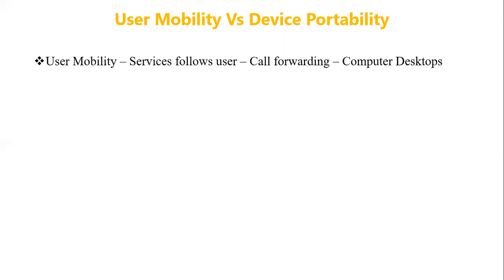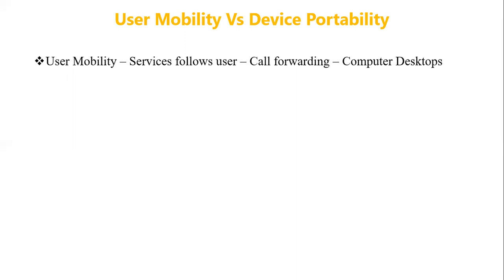So whether you log in at your home, or at your office, or elsewhere, the interface or the desktop that you are going to experience will be similar, irrespective of the place or time. So here, in spite of the user moving, the service is following him. So that is called user mobility.